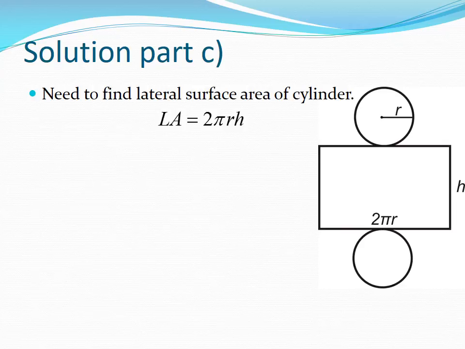The lateral surface area of a cylinder is twice pi times the radius times the height. The lateral surface area is the area of the paper label on a soup can, unrolled, which is in the shape of a rectangle. The height of the paper is 24 centimeters. The length of the rectangle is the same as the circumference of the circular base, or 2 times pi times the radius.